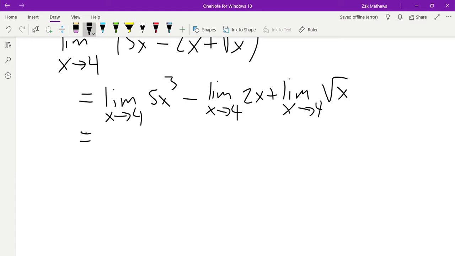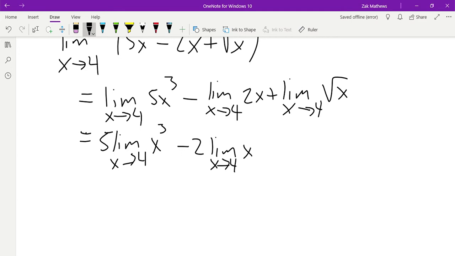Now I can apply my constant multiple rule, and I can pull the 5 to the front for starters. Pulled the 5 to the front, so now we just have an x to the third there. Minus, I can pull the 2 to the front. So we have just the x. And I'm going to leave this one alone for right now because I'm just applying the power rule here.